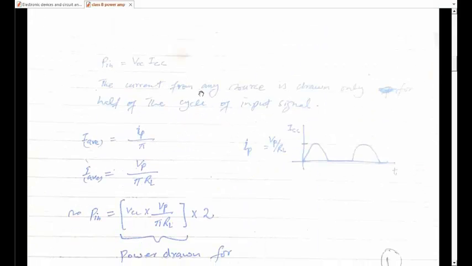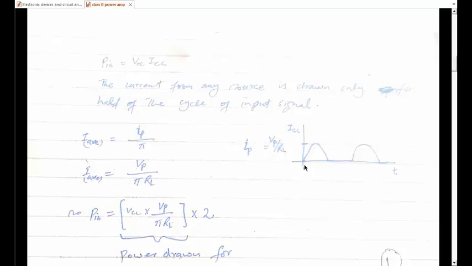Next is the input power, and then we will find the efficiency. Input power is taken from the VCC supply. There are two batteries connected, one is plus VCC and the other is minus VCC, so we have to multiply this power by 2 to get the total power drawn from both voltage sources. Let me find the power drawn from one voltage source. The current drawn from any source is given by the half cycle of the input signal.